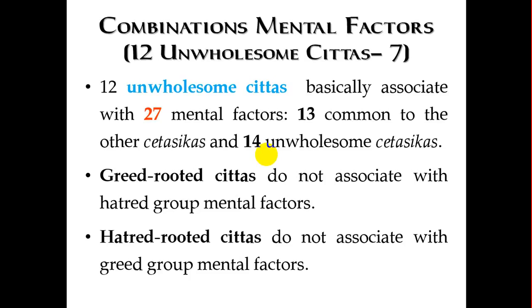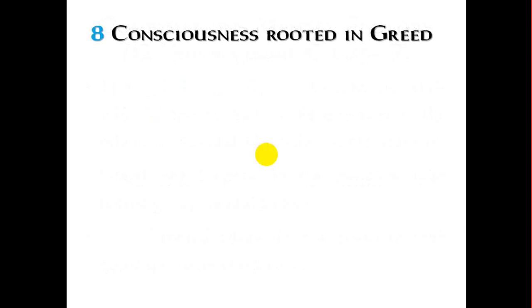Basically, you have to understand that unwholesome cheta are not associated with the 25 beautiful mental factors. So it will associate only with the rest, 27. First of all, let's see the 8 consciousness rooted in greed.